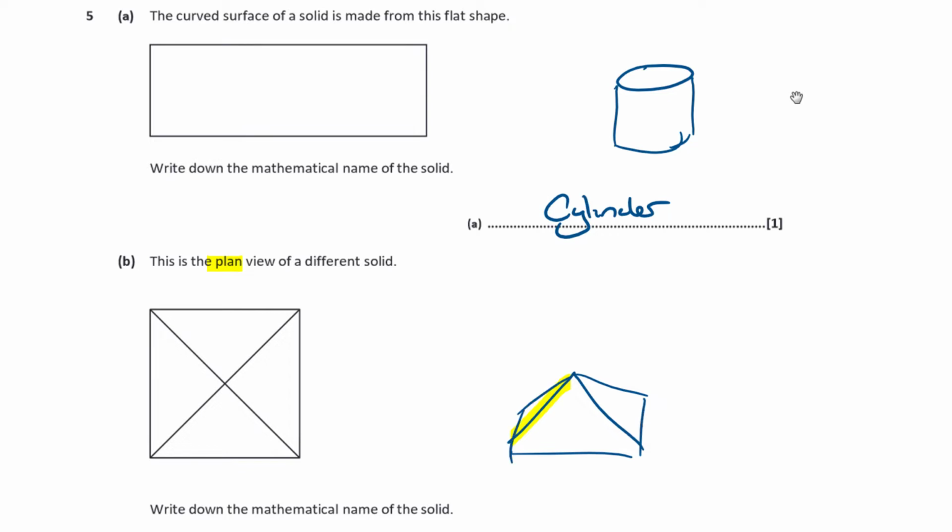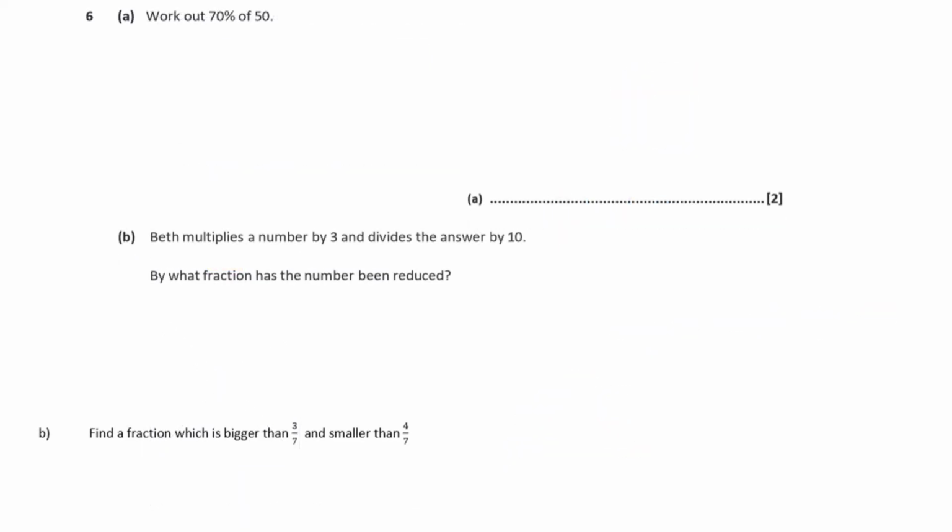It's a pyramid looked at from above, a square-based pyramid. So I'm going to say it is a square-based pyramid. You could probably get away with pyramid, but I like to be precise. It's a square-based pyramid.